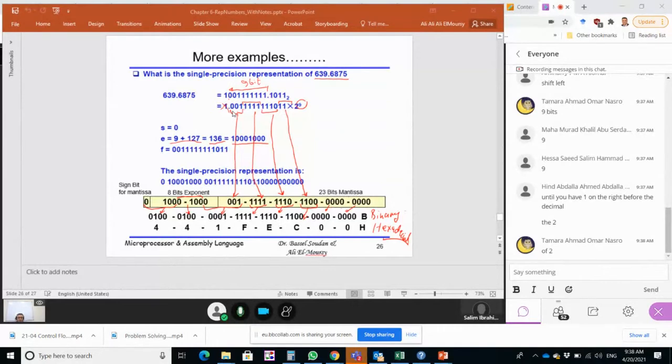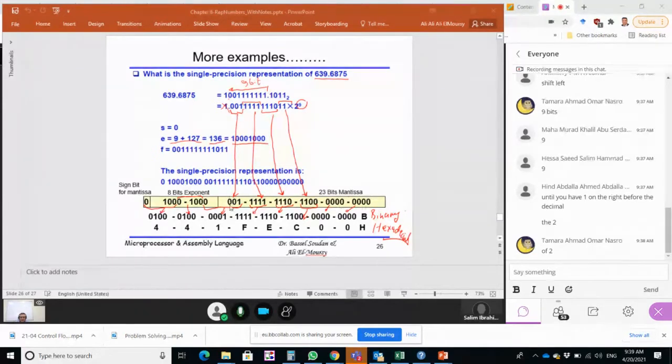Now the IEEE standard is asking me to do 2 things. No need to waste the 1 bit for the most significant bit, which is always 1 in binary. So we will discard this and we will take the fractional mantissa to be placed in my storage.